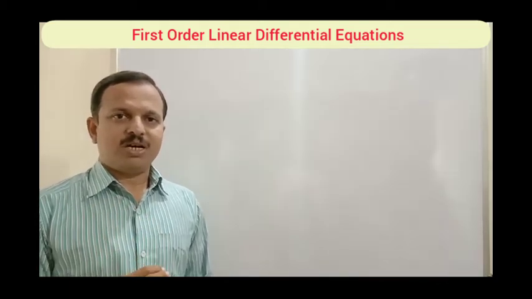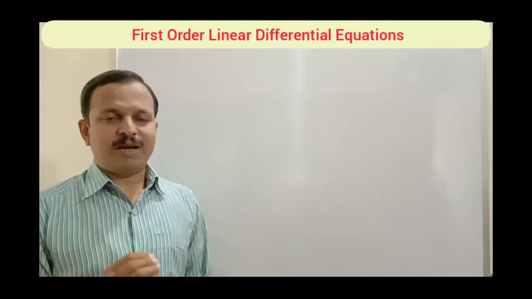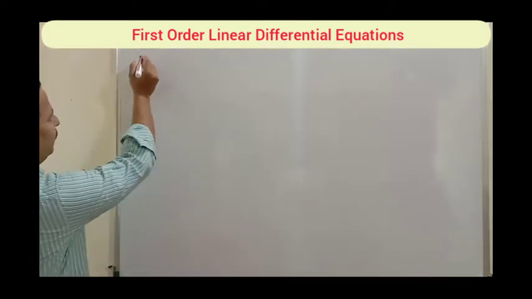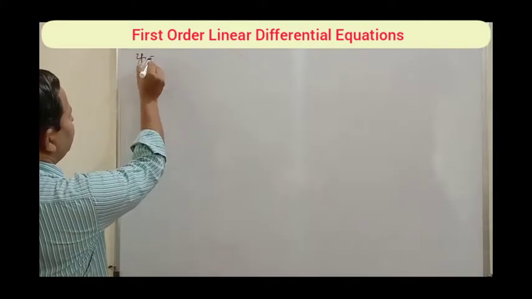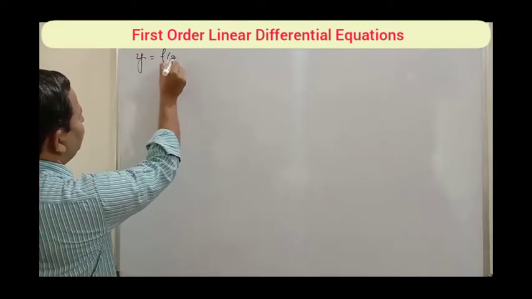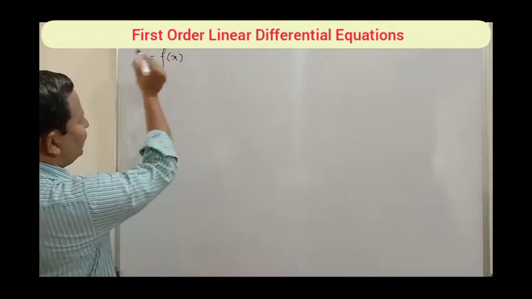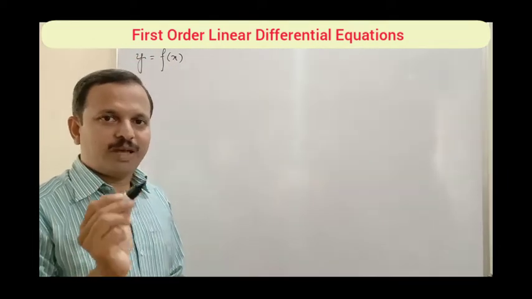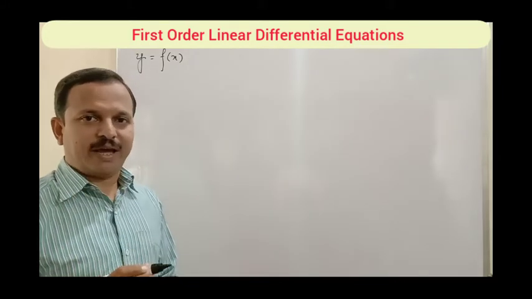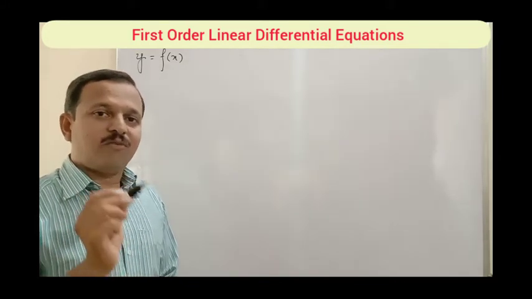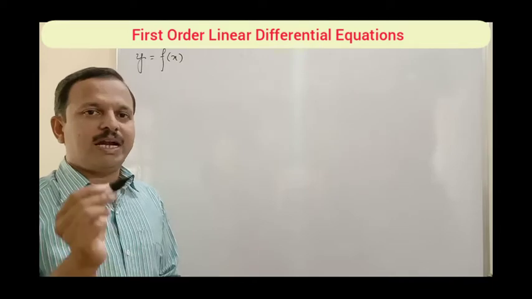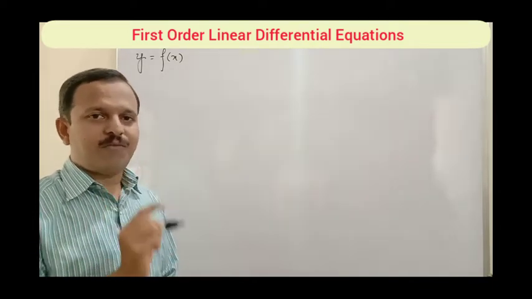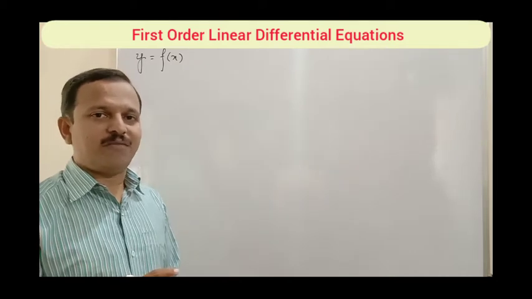Let me first define what is meant by a differential equation. If y equal to f of x is a function of x, actually an unknown function of x, then an equation which involves at least one derivative term is called a differential equation.